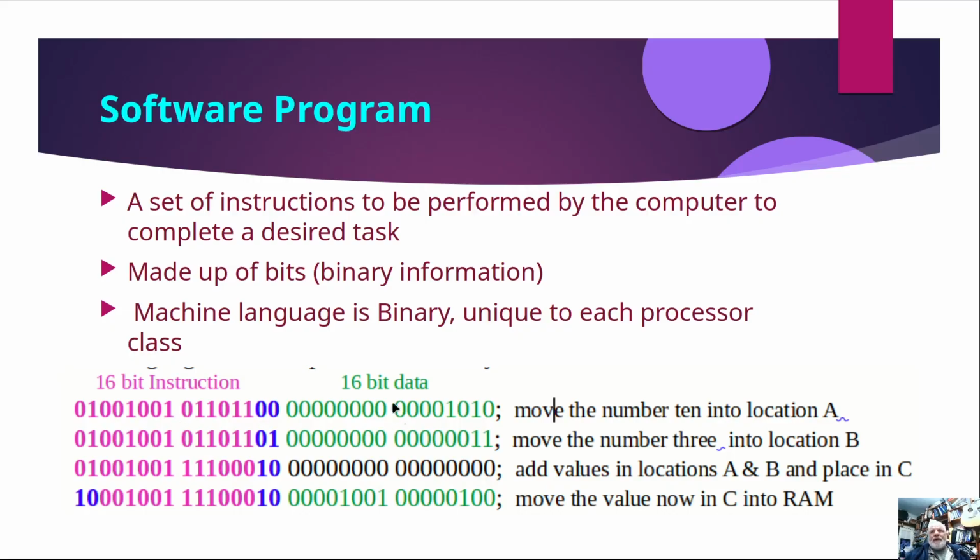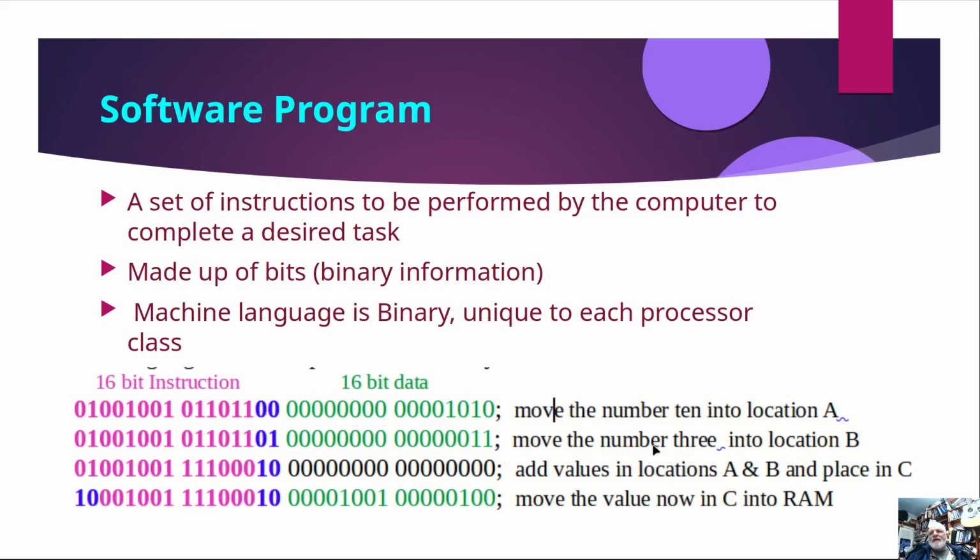And so here, the idea is we're going to add two numbers. I have the number 10 and the number 3, which are in binary. Then I want to move number 10 into location A, which is usually referred to as a register inside of the processor.